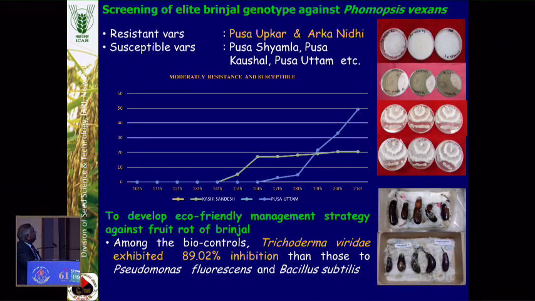He had also screened the different genotypes and could identify that Pusa Upkar and Alka Dip were the resistant varieties, and in developing the eco-friendly management strategy, he could establish that among the various biocontrols, Trichoderma viride exhibited around 90% inhibition towards this disease.